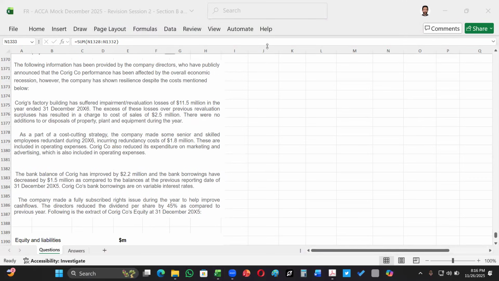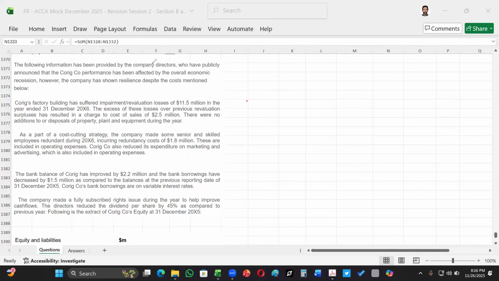Let's see what other information is there that can help us understand this downturn trend in the performance and the position of the business. The following information has been provided by company directors who have publicly announced that Corico's performance has been affected by the overall economic recession.